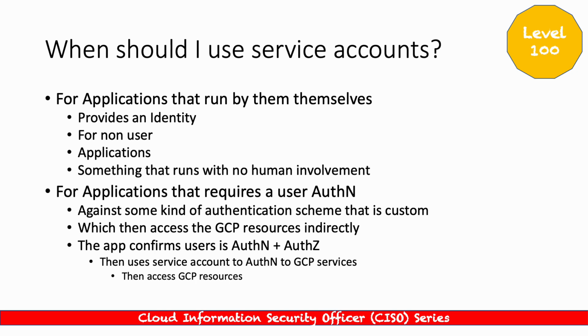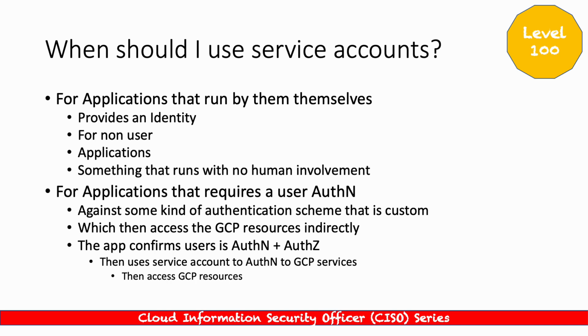We then have access to GCP resources indirectly. So the app confirms the authentication and the authorization, and then uses the service account to authenticate indirectly to the GCP services. And that then gives them access to the GCP resources.